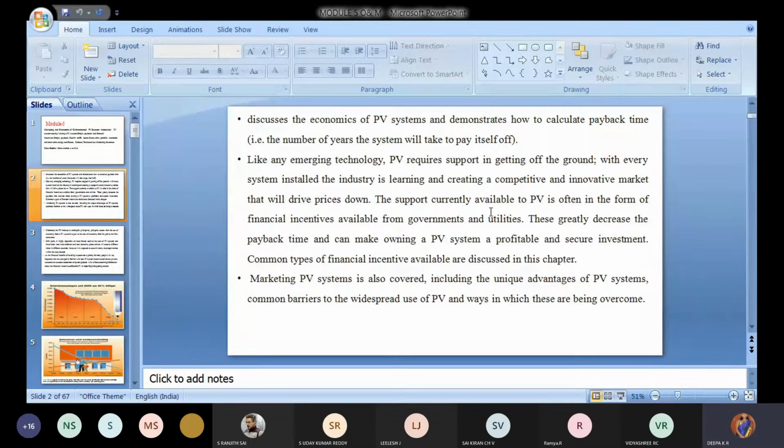Here we expect major incentives from the government. Similarly, any utility will get some profit if they invest at the initial stage. So financial incentives are available from government as well as from the utilities. This greatly decreases the payback time and can make owning a PV system a profitable and secure investment.